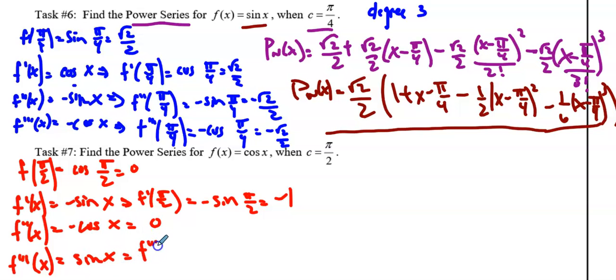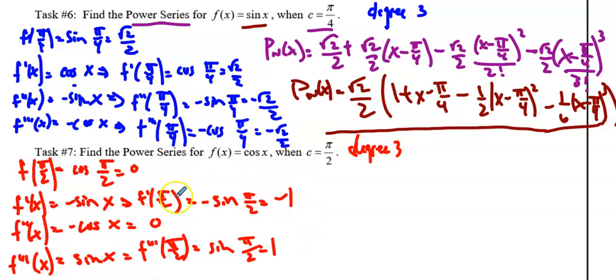So f triple prime of pi over 2 is going to be equal to sine of pi over 2, which equals 1. I wanted a degree of 3, so we only have to go to 3.